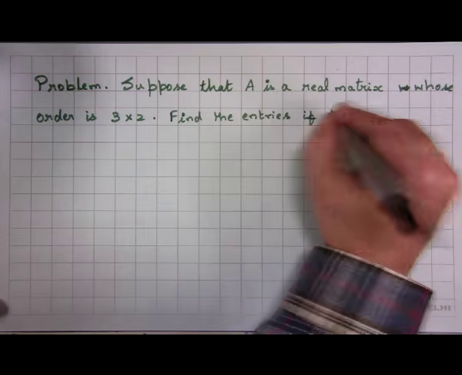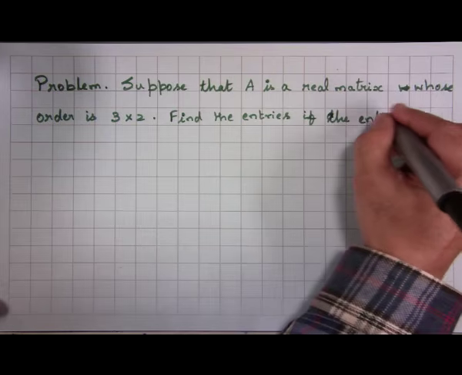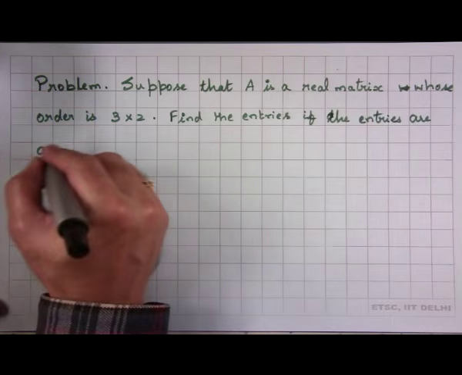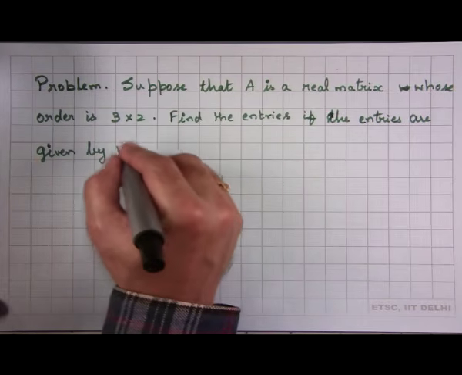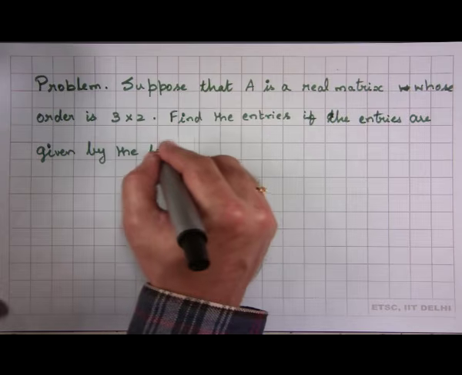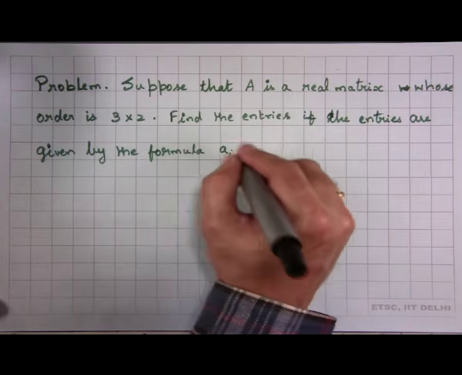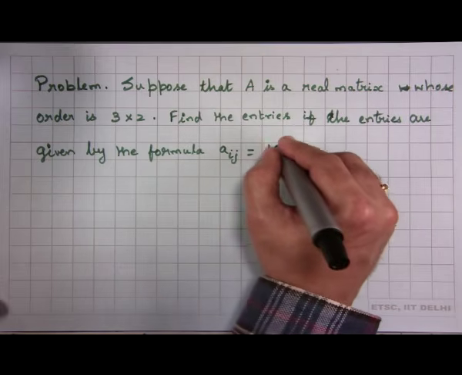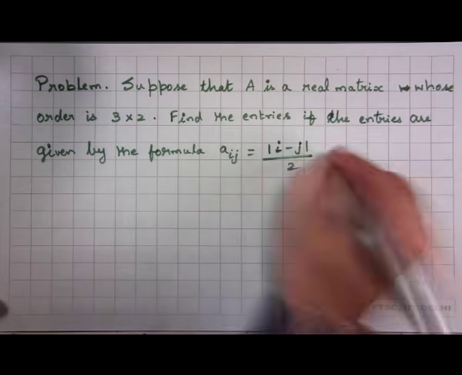Find the entries if the entries are given by the formula Aij equal to modulus of i minus j whole upon 2.